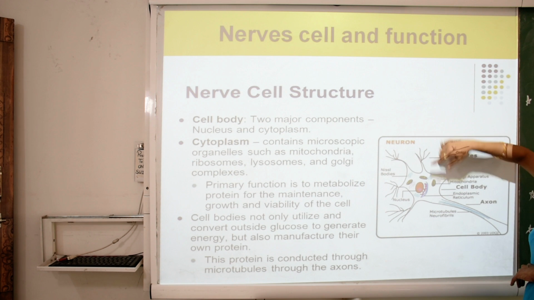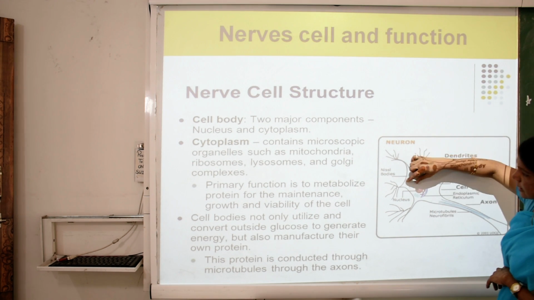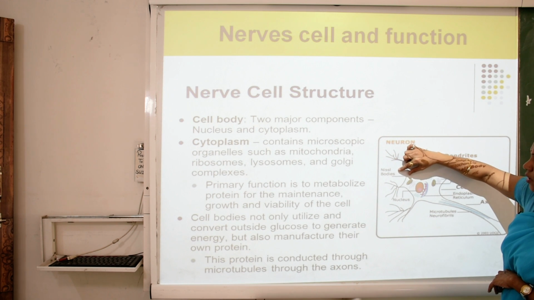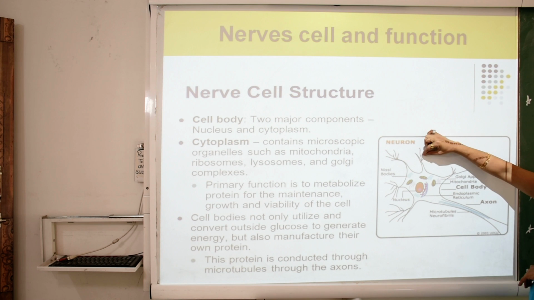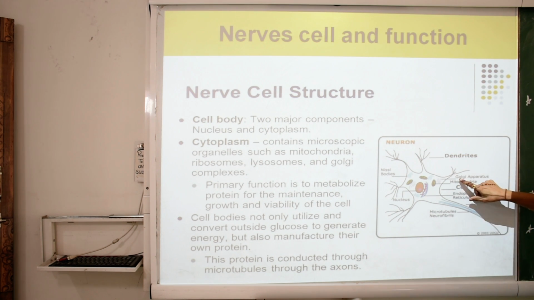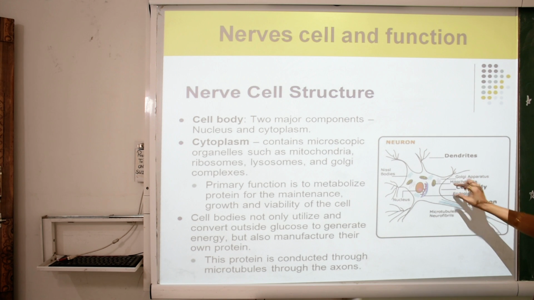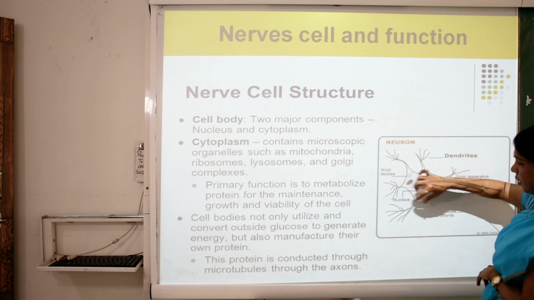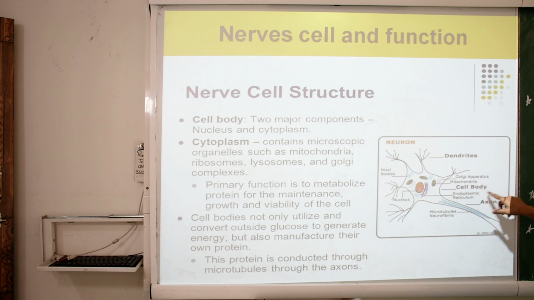Children, in the middle it has the nucleus, and this type of body is called the Nissl bodies, and these are the dendrites. This type of thread-like structure is called the dendrites, and this is the Golgi apparatus, and this is the mitochondria, and this is the cell body. This structure is called the cell body, and here is the endoplasmic reticulum.